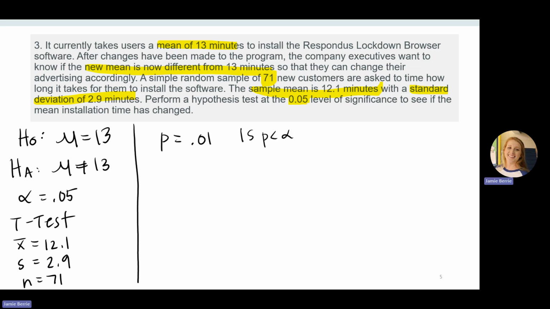Is P less than alpha? Yes. 0.01 is less than 0.05. So we're going to reject H0. All right. Let's write our sentence.